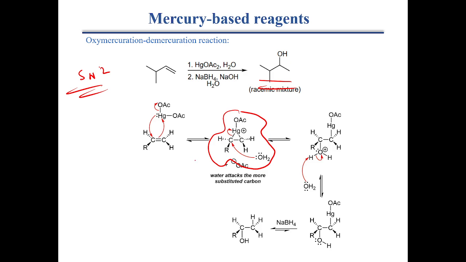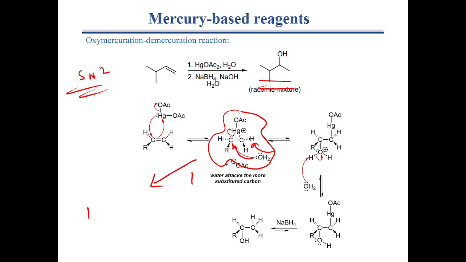Now there are two possibilities. If we treat this compound with water, water can attack from this side or this side. So it will attack from the more substituted side. Why? Because of the stability of the carbocation.